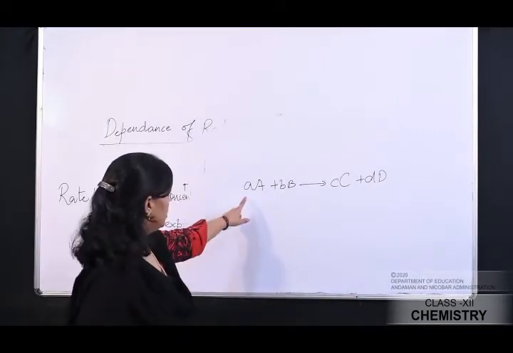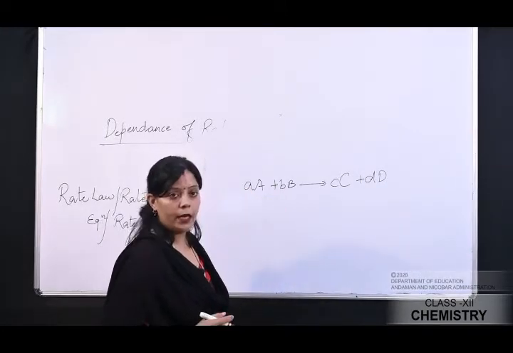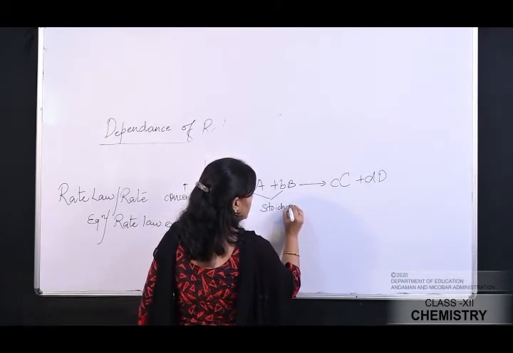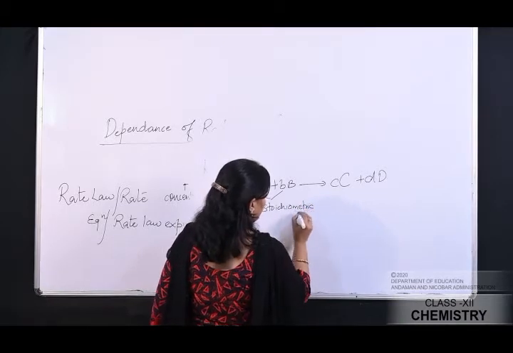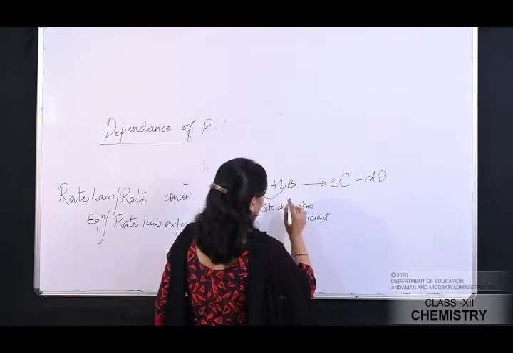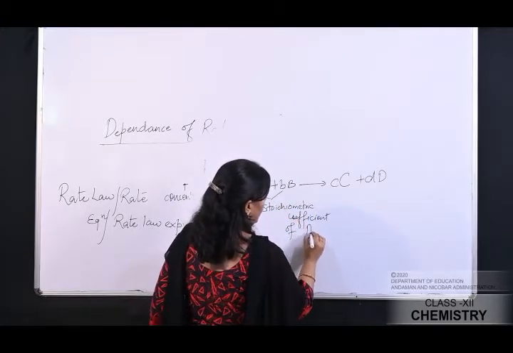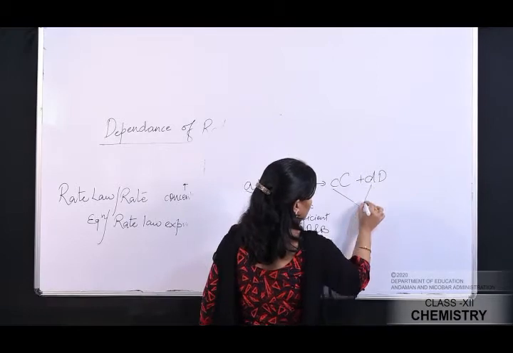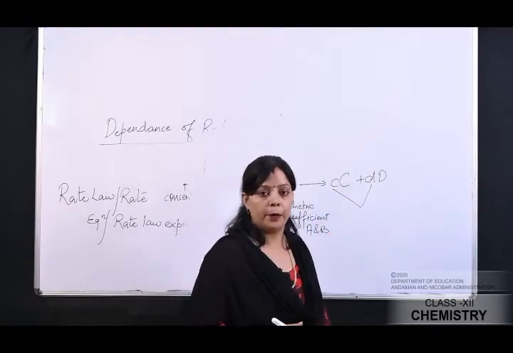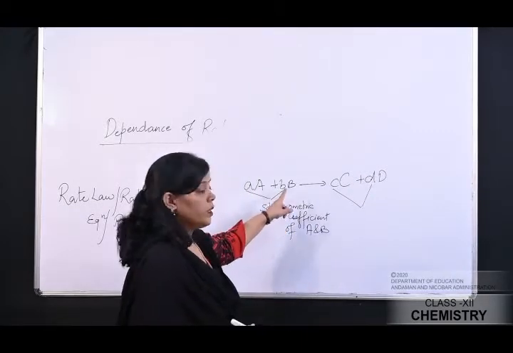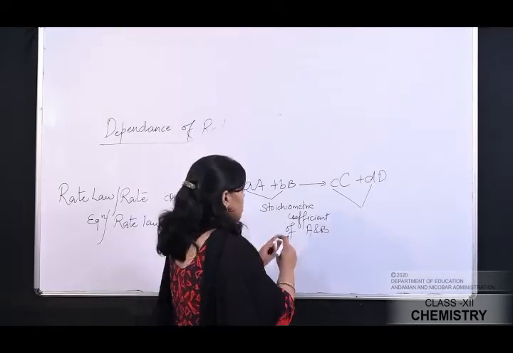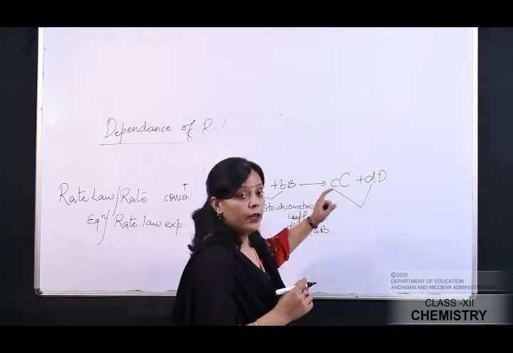In this reaction, the small a and small b are the stoichiometric coefficients of the reactants A and B. Similarly, this c and d are also the stoichiometric coefficients of the products, capital C and capital D. So with respect to this reaction, how can we express the rate equation?